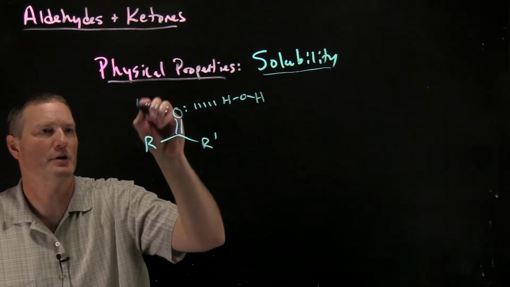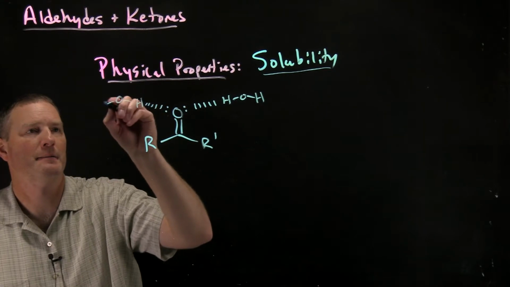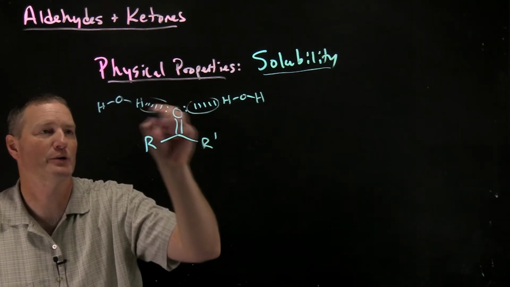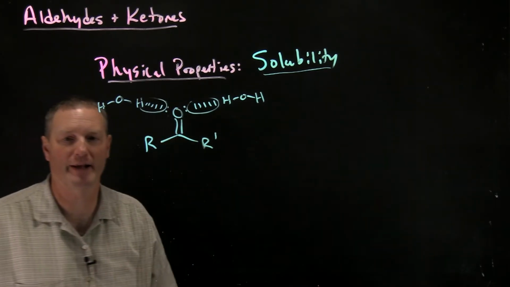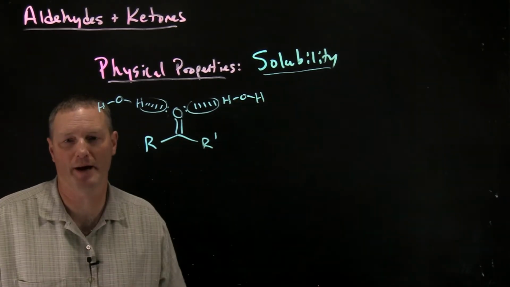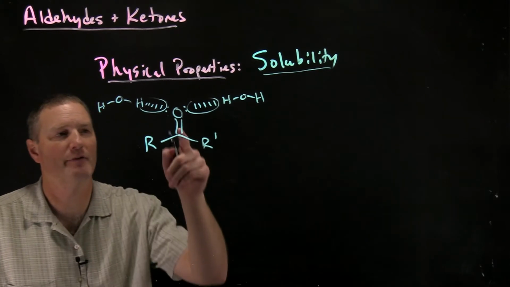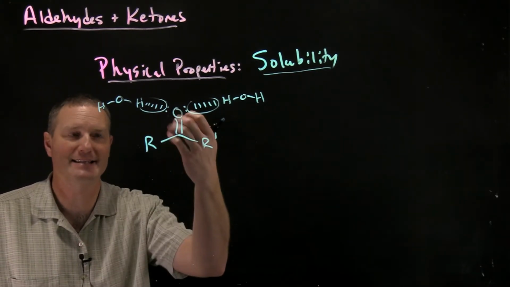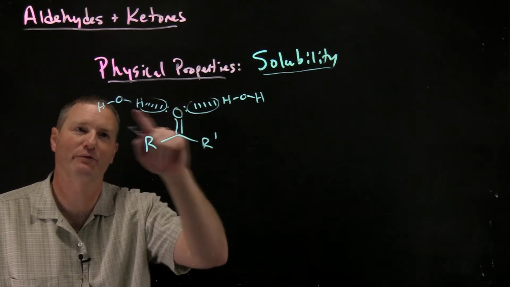And if you notice, there actually are two possible hydrogen bonds, one here and one here, coming off of the two lone pairs of electrons to two separate water molecules. Notice, however, that a carbonyl can only act as a hydrogen bond acceptor. So it's accepting the hydrogen bond from water.